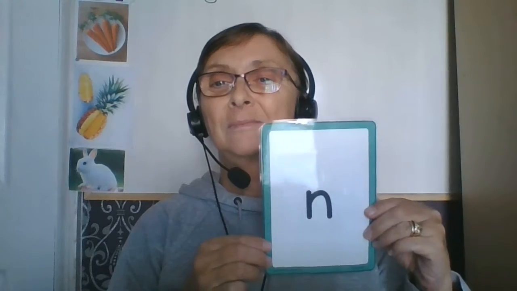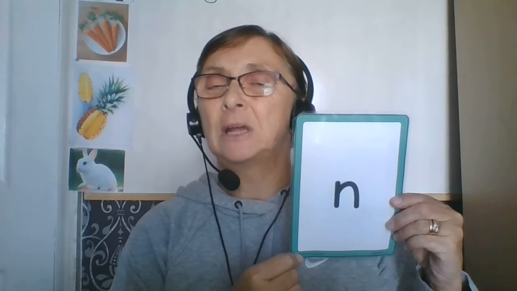Here's the next one. It's only got one over the top. Let's look at the picture. Down Noddy. Here's Noddy. Can you see Noddy? That's Noddy. Down Noddy over his net.